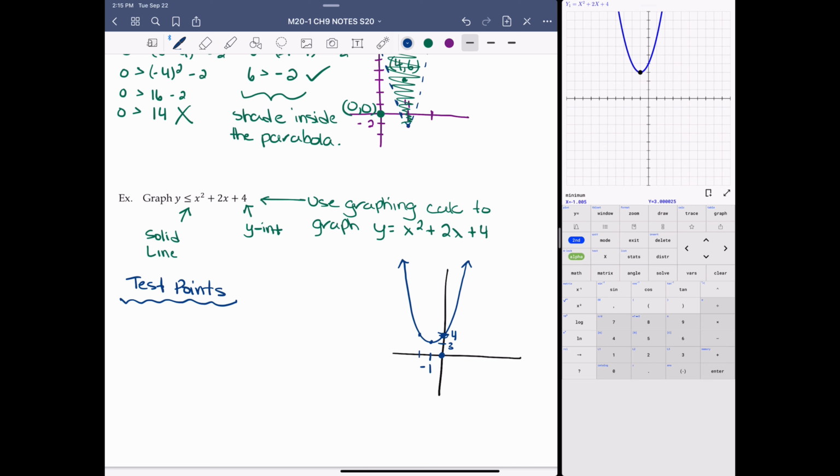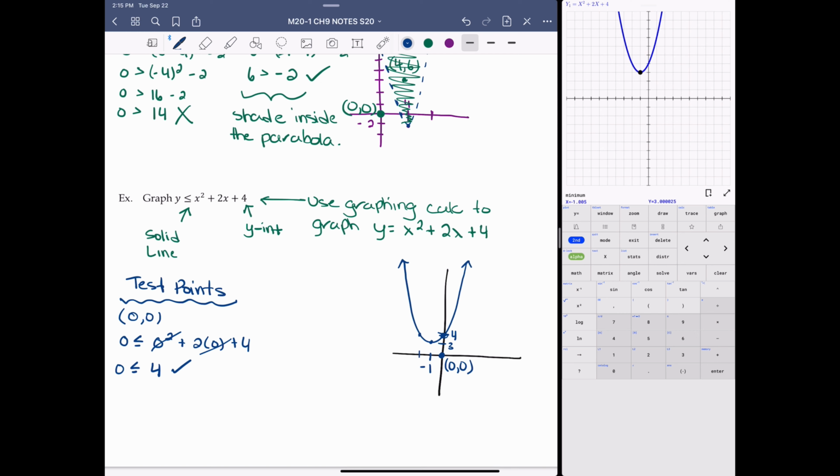This is an easy one, the point 0, 0. Plug it in. Y is 0, less than or equal to 0 squared plus 2 times 0 plus 4. That's 0, that's 0. We have 0 is less than or equal to 4. That's a true statement. So this would indicate that we would shade outside.